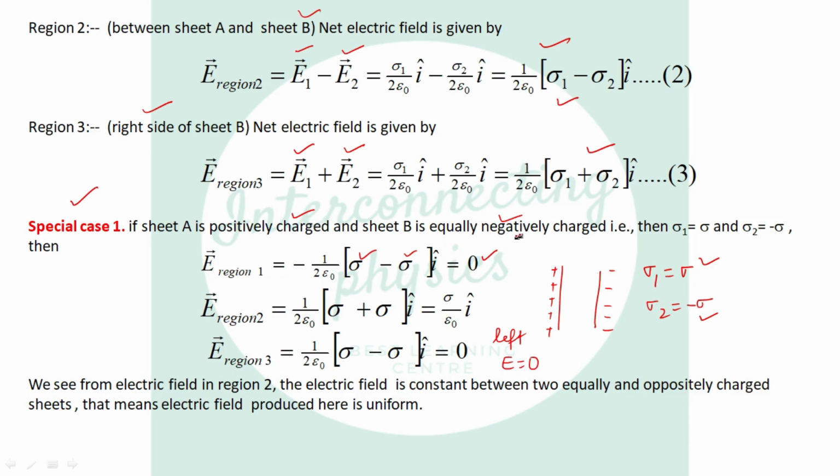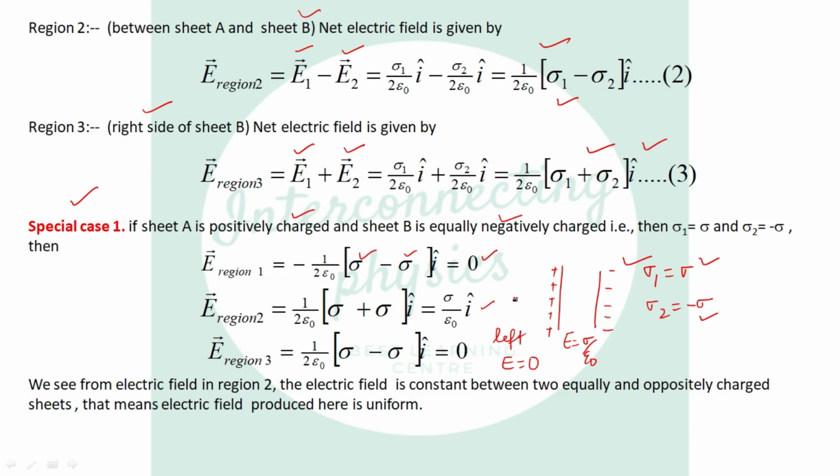Now in region 2 it is sigma 1 minus sigma 2. We put sigma 1 as sigma and sigma 2 as minus sigma. So minus minus will be plus and here 2 cancels out with 2 and the result is sigma over epsilon naught I cap. Between the sheets the value is sigma over epsilon naught. And again on the right side the result is 0.